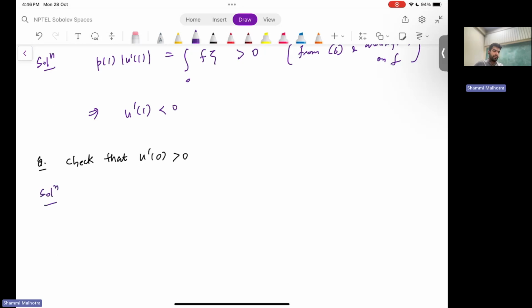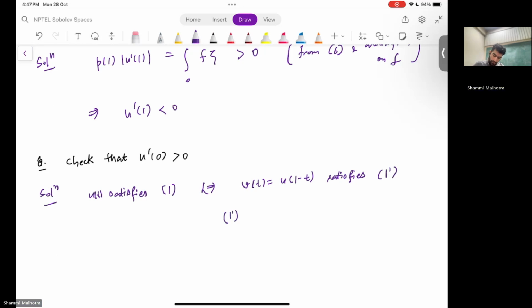This actually again can be deduced by initially, since we know that u satisfies 1, u of t satisfies 1 if and only if v of t equal to u of 1 minus t satisfies 1 prime, and 1 prime is given as nothing but minus p v dash whole dash is q v.